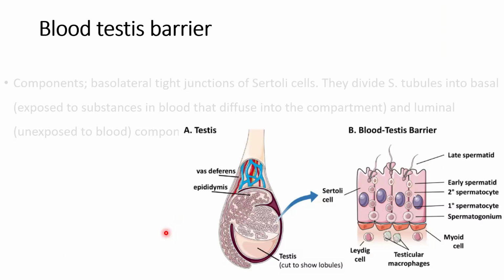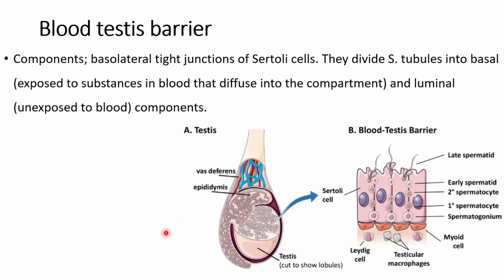So we talk about the blood testis barrier, and in this blood testis barrier, the components will contain the Sertoli cells, the basolateral tight junctions, and then you'll have the blood vessel. So we can look at here. So this is a blood testis barrier. Here's a testis here. So we can maybe magnify one of the seminiferous tubules.